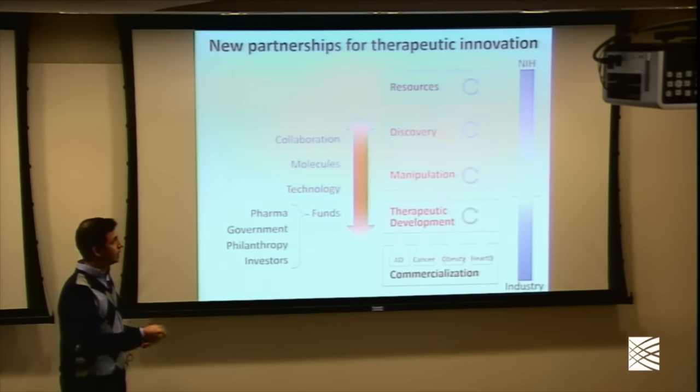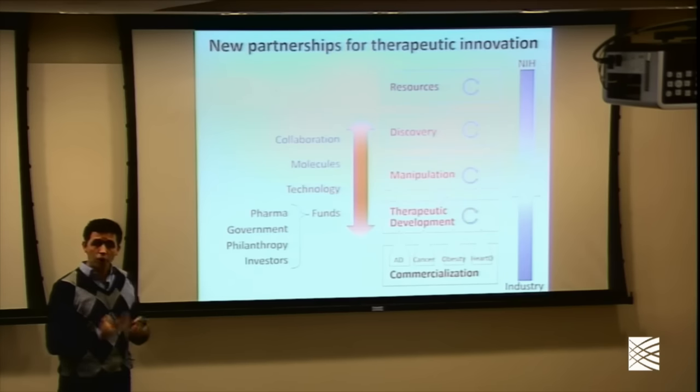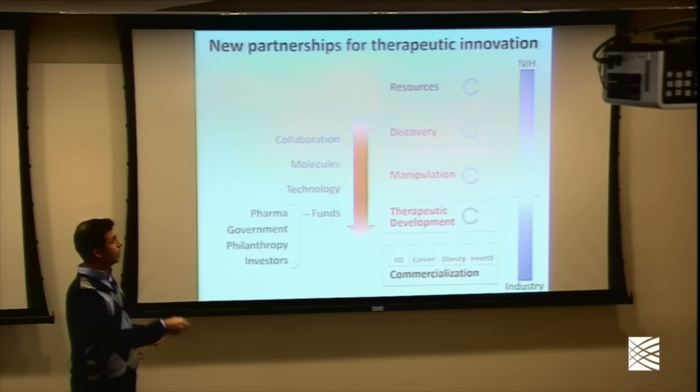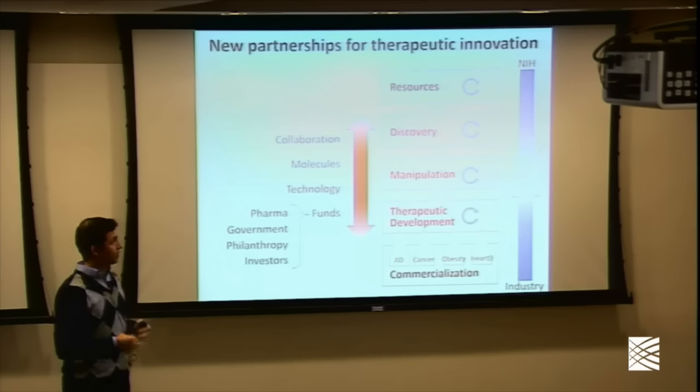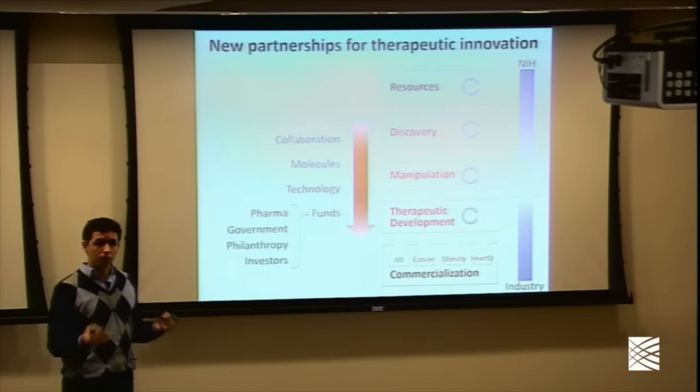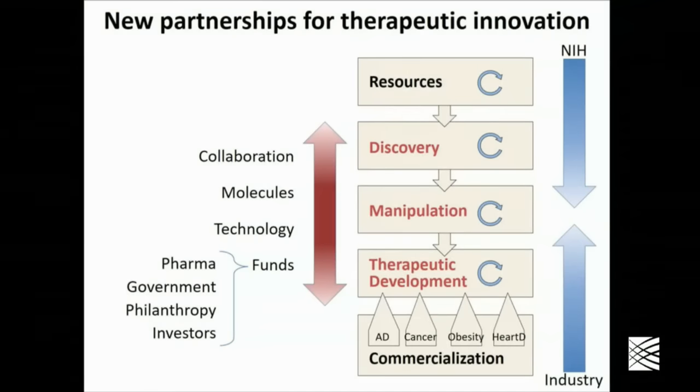And that calls for a partnership between industry and academia rather than us staying here and industry staying there. So we actually have a lot of partnerships that we're starting with local pharma, which allows us to start bridging this middle layer, which I think we're both lacking tremendously.